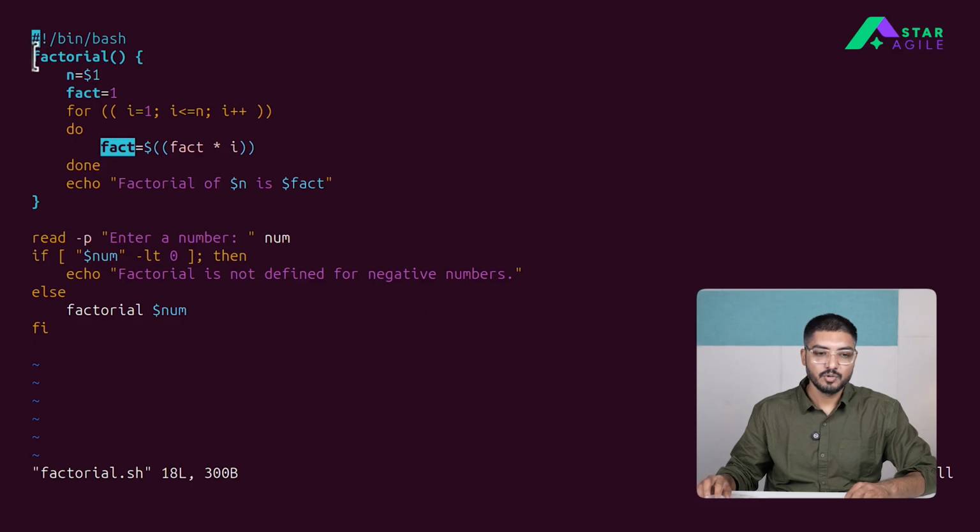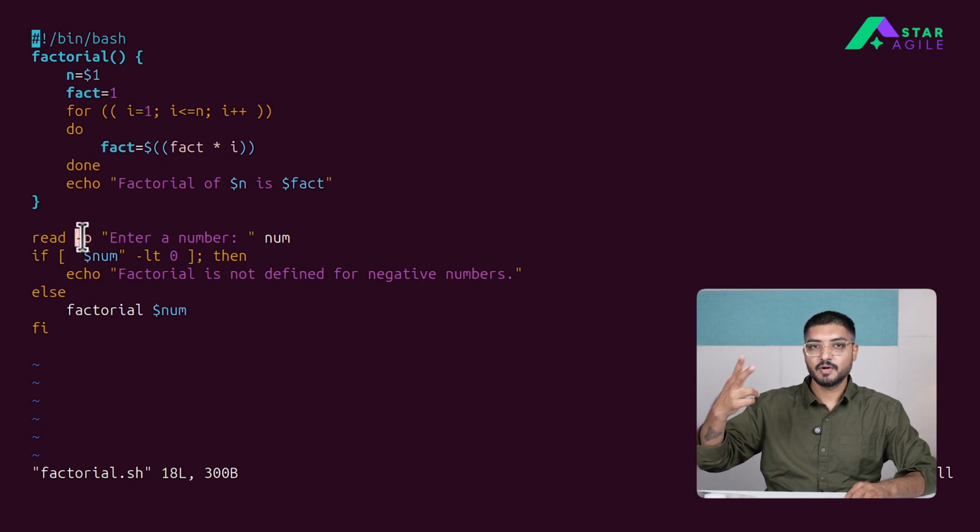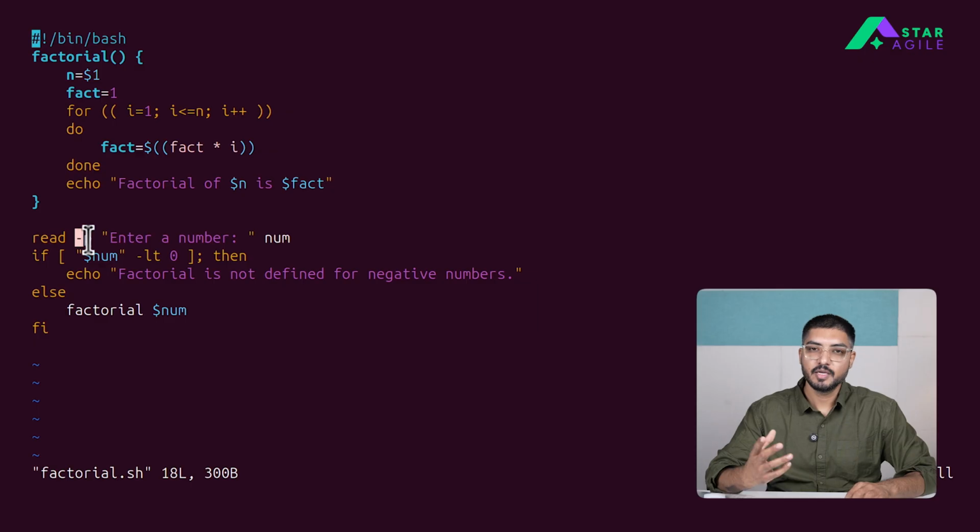Later, outside of this function code, we are using the read command on the shell to read the input, whatever you want to provide. This reads in the same line, so you don't have to go to another line. Usually, if you noticed earlier, we have been using the echo command, enter the number, and then in the next command, read and then number.